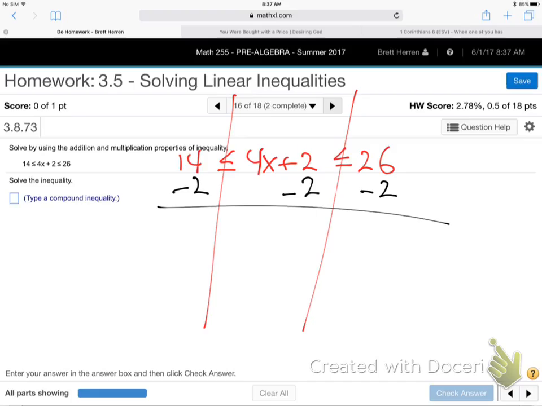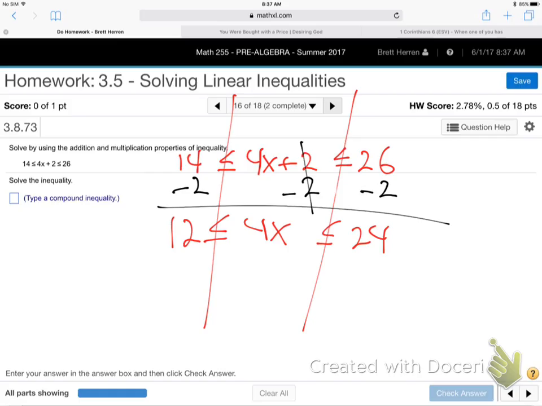Draw your line and show the result of that. The 2's cancel, and we get 12 over here, 4x in the middle, and over here, 24. Good so far? Now, again, the focus is X. So X is saying I want to be alone. What do I do now to get X alone? That 4 is right next to the X, with no symbol in the middle, so it's times. What do I do to get rid of a times?